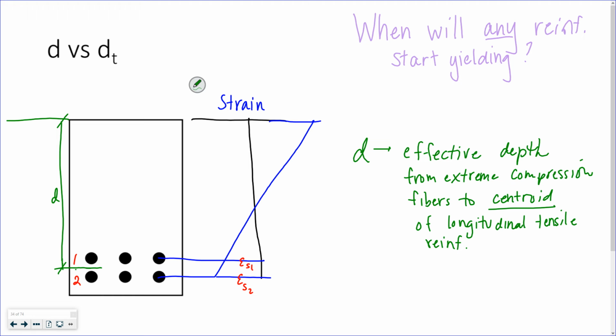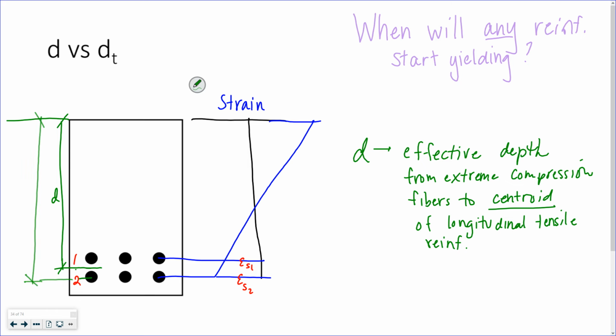And I like to use my similar triangles to find strains, right? So now I want to find a new dimension known as dt.